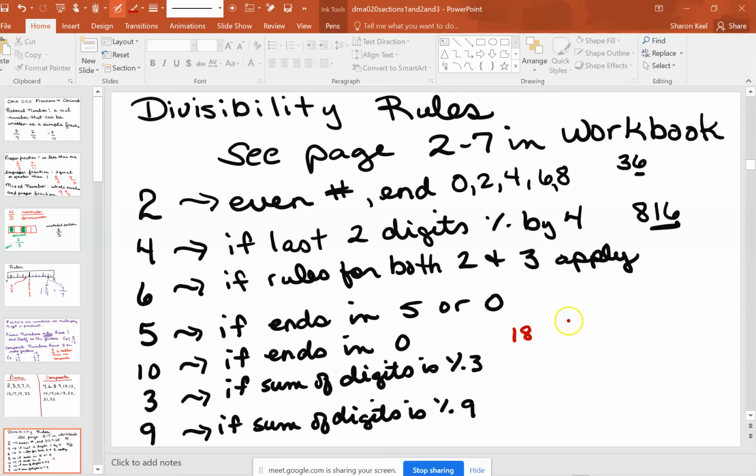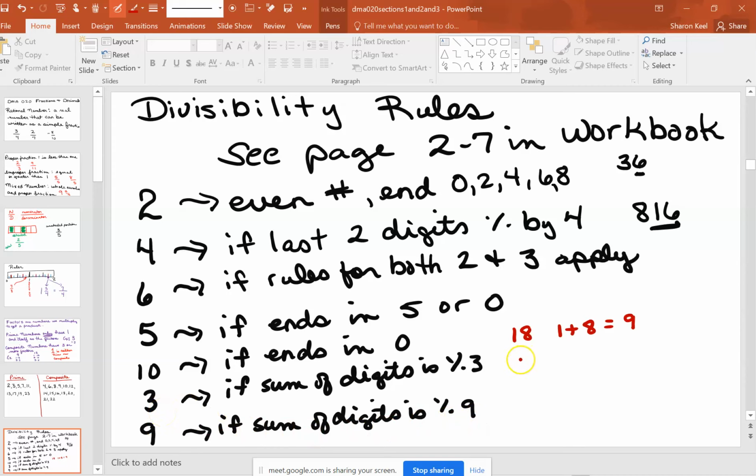If I have 18, I would do 1 plus 8. That would be the sum of the digits. 1 plus 8 is equal to 9. Is 9 divisible by 3? Yes. So this number 18 is divisible by 3. Same rule applies here. 1 plus 8 is 9. 9 is divisible by 9. So the number is also divisible by 9.